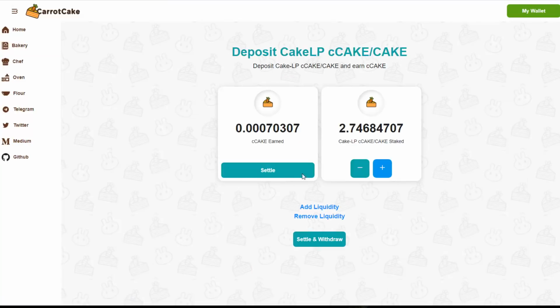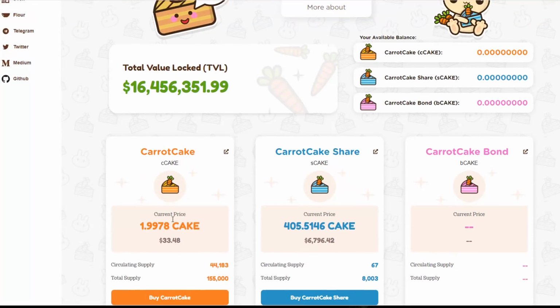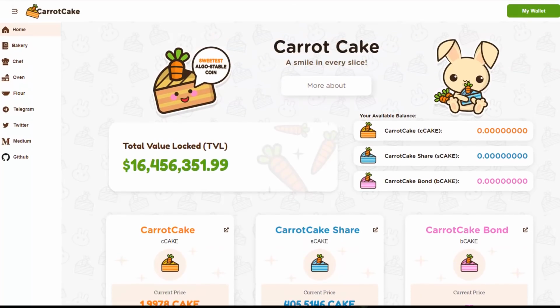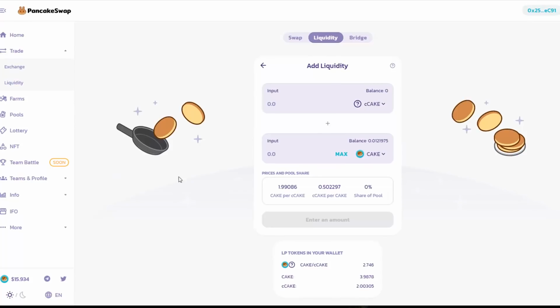And let's just go here. Okay, so I put in about $120 because I bought 4 cake and 2, go back here, 2 carrot cakes, about $33. That's about $60, and 460. There's another 60. So about $120.